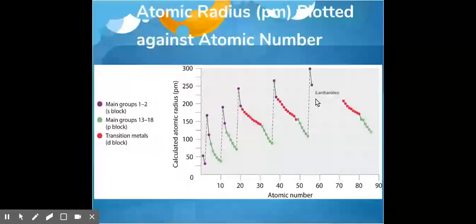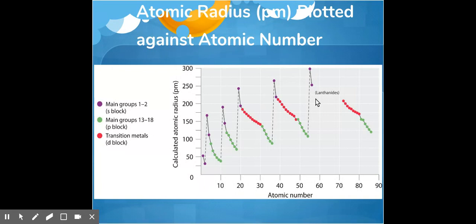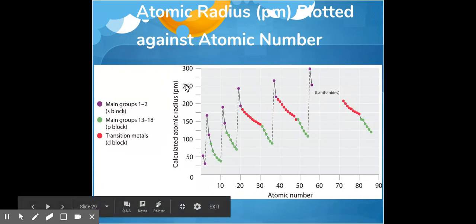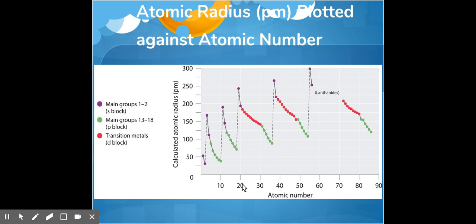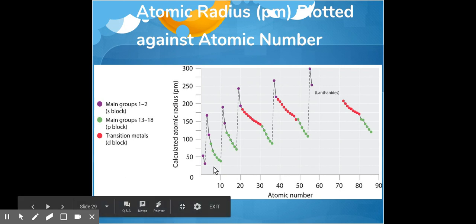So we started in class by taking a look at this graph, and this graph demonstrates the atomic radius in picometers, which is a very, very tiny unit because atoms are very tiny, and graphing them against atomic number. What we did was we determined where the periods would be. So the end of each period would be element 2, element 10, element 18.